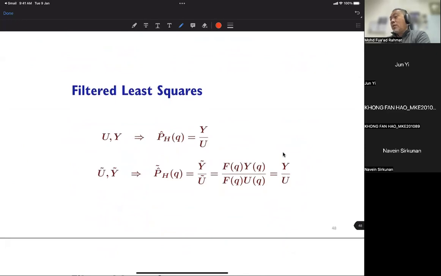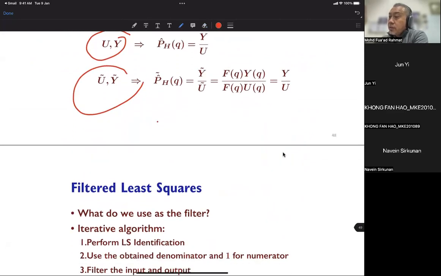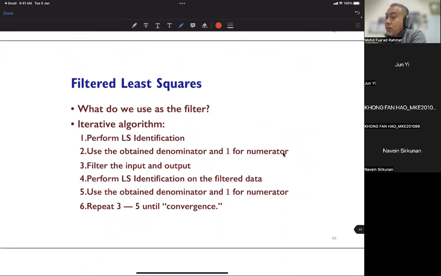So for the filtered least square, the theory begins from the input and output, where you find the transfer function, the estimation of the transfer function, y over u. From there you construct the vector, the column for the data, and then start to calculate the filter using an iterative algorithm.